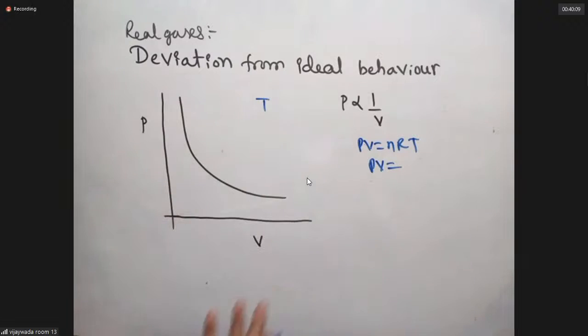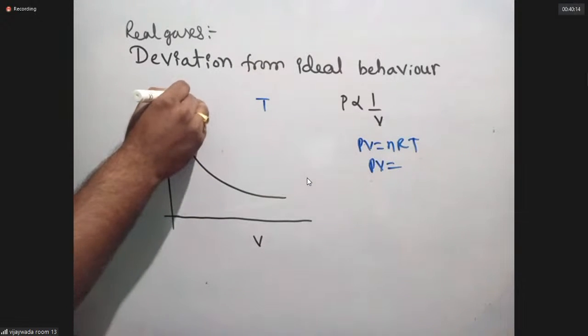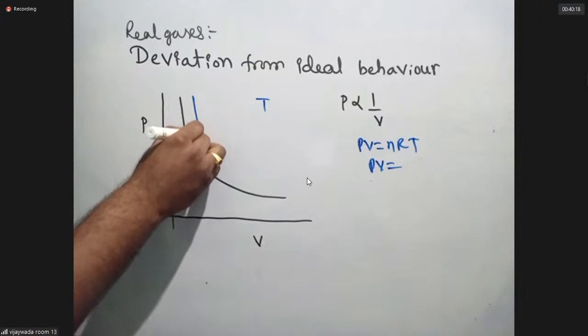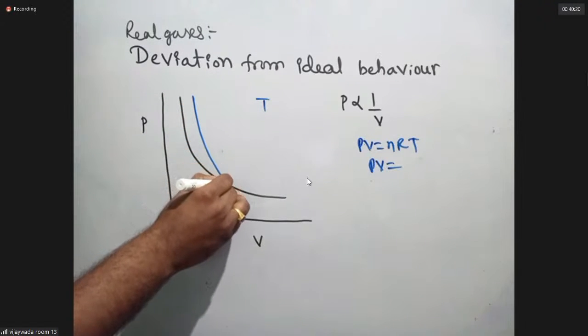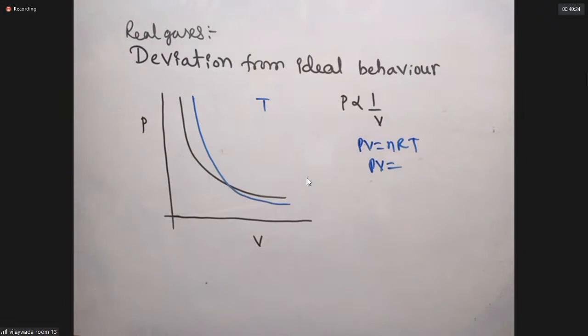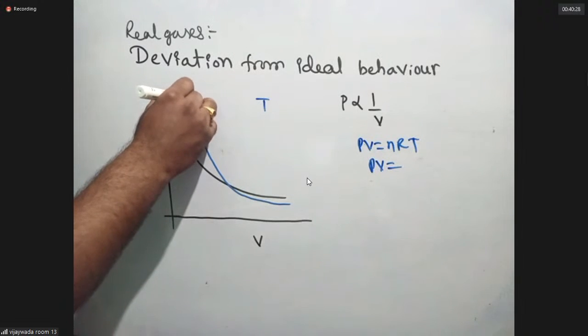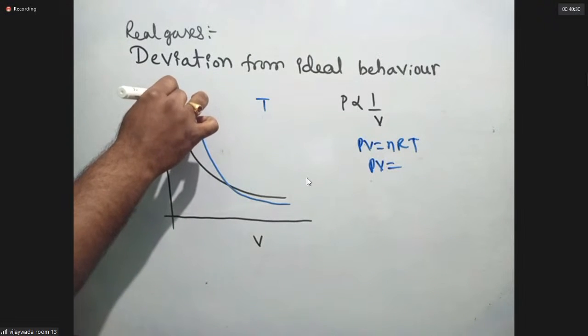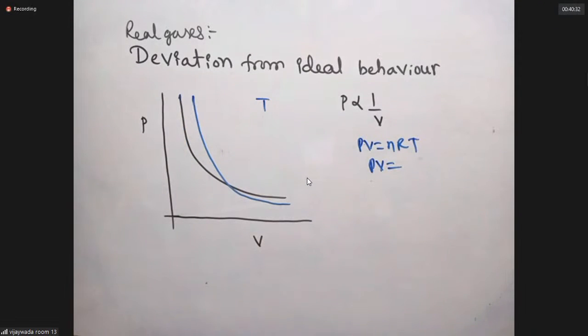And experimentally, this is the experimental graph. This blue line is experimental. This black line is the theoretical line.